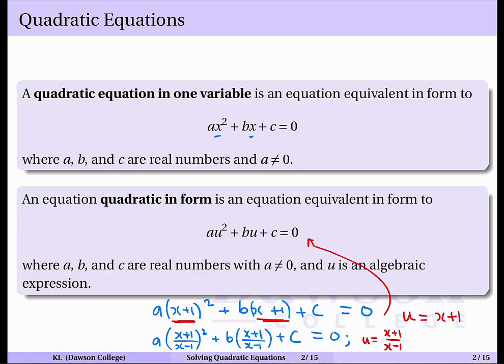So this is another example of a quadratic in form. Basically, you got a times something being squared plus b times that same thing, plus c equals 0.